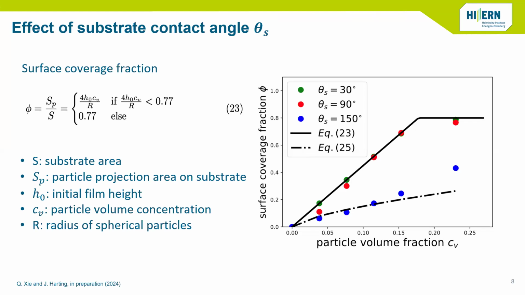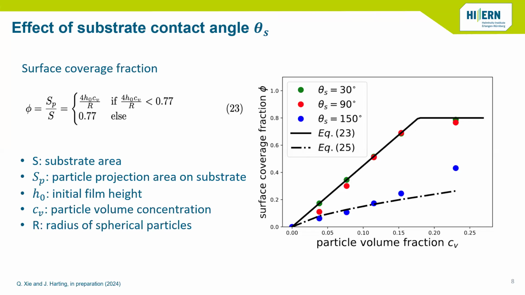So you see here, the solid line is the simple theory, equation 23. And then I change the contact angle of the substrate from 30 degrees to 150 degrees. So for the lower contact angle and also the intermediate contact angle, we see a good agreement between the simulation result and the theory.